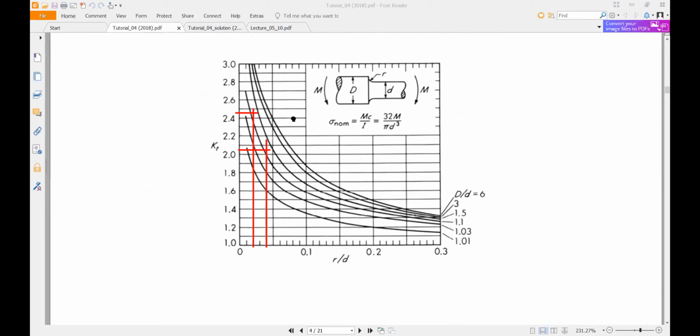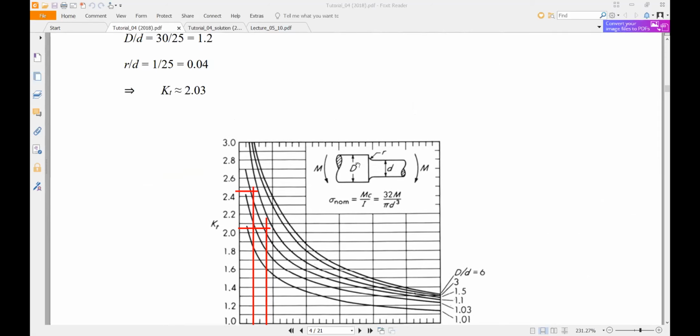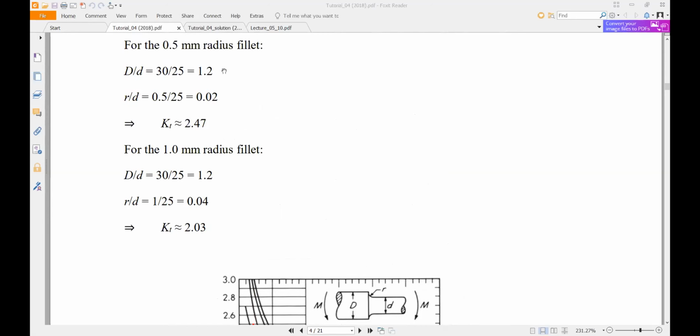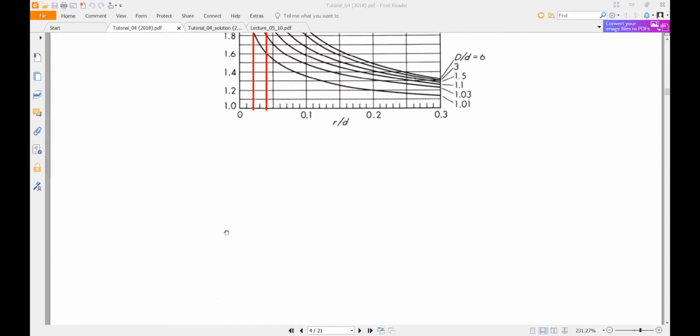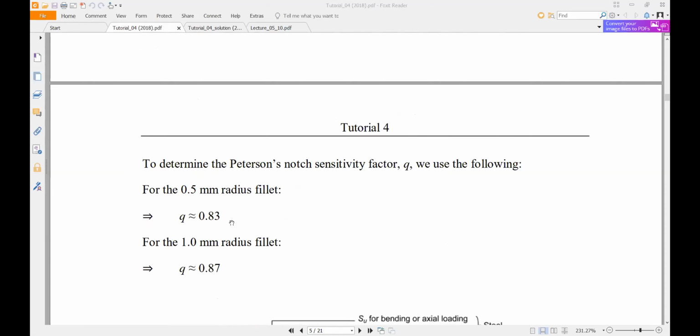Okay. So select the proper graph. I already explained this thing as well. So you can use the same graph for both pillars, but you will get separate values, okay, because the radius of the pillar will be changed. So you can see this ratio is the same, but this ratio is different. So KT value you can get, then you can find the Q value for both pillars, okay.